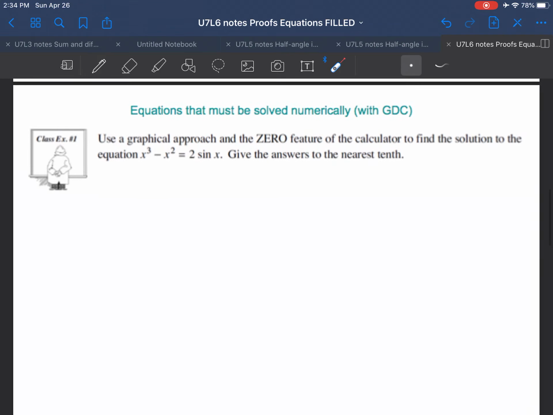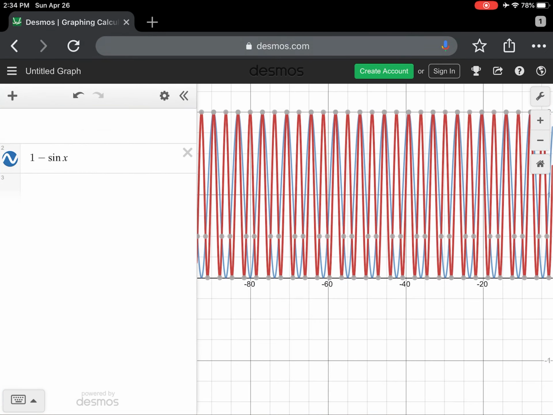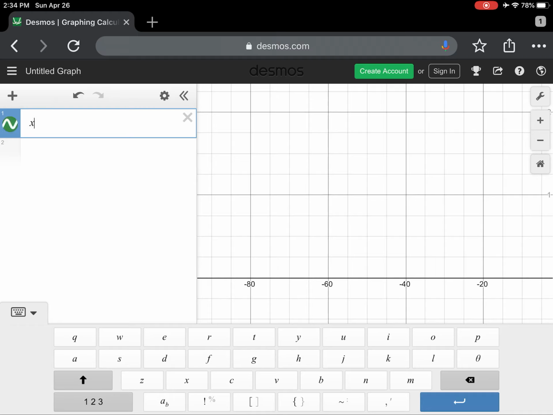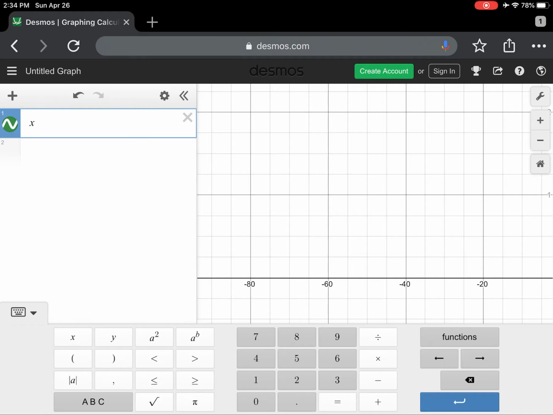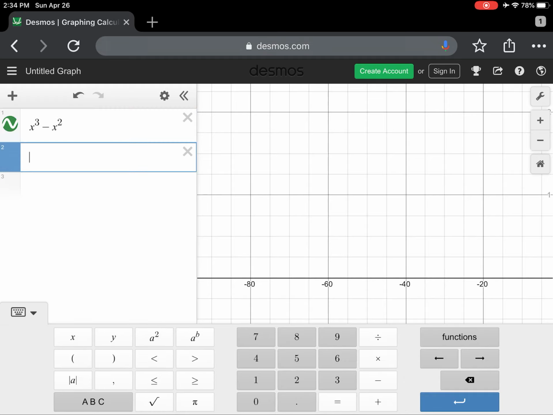So I'm going to put this in Desmos, right? And you guys can use your calculator. I think you all know how to find zeros, but like I said before, I don't have a calculator on my iPad, so I've got to use Desmos. So we've got x cubed minus x squared, that's one equation.